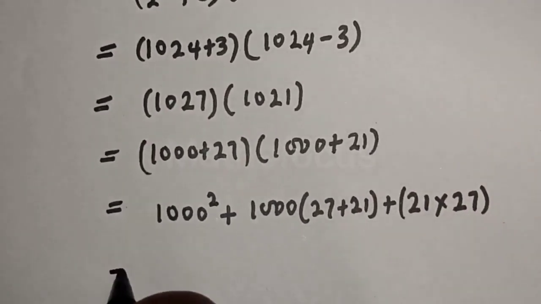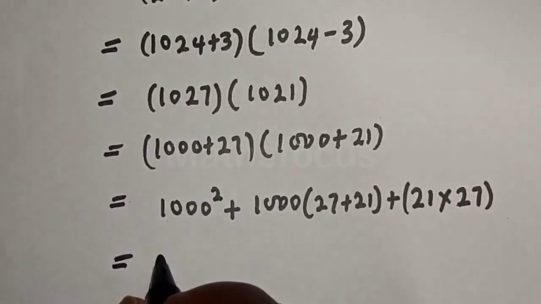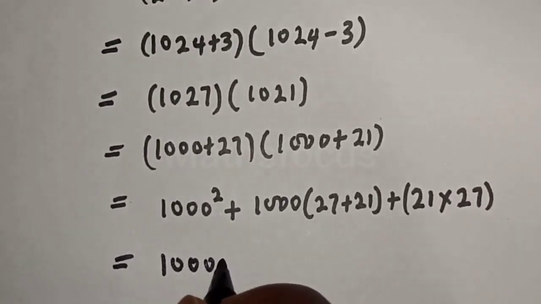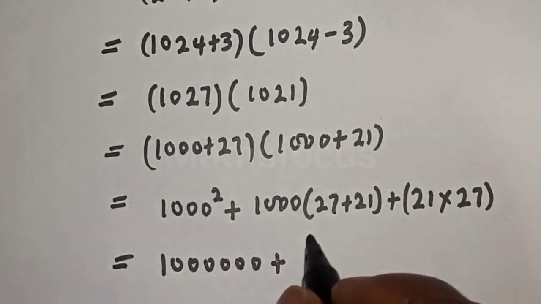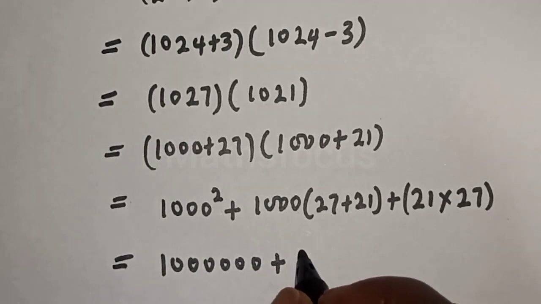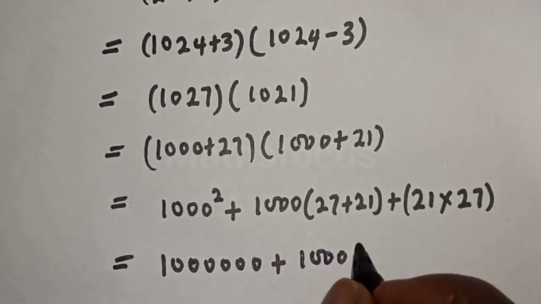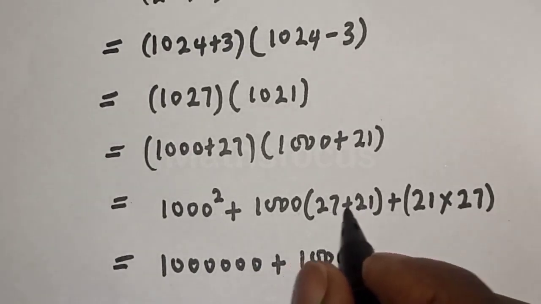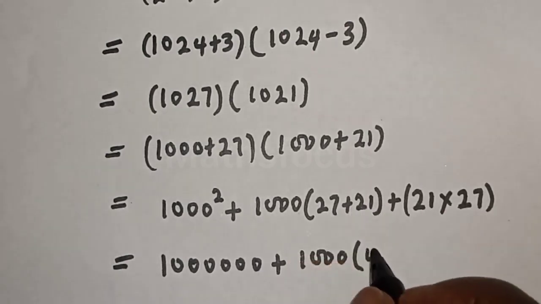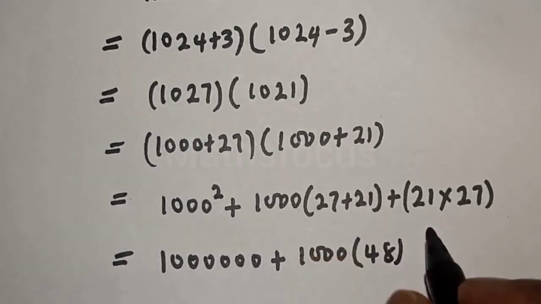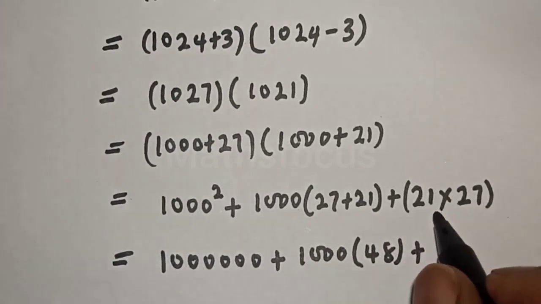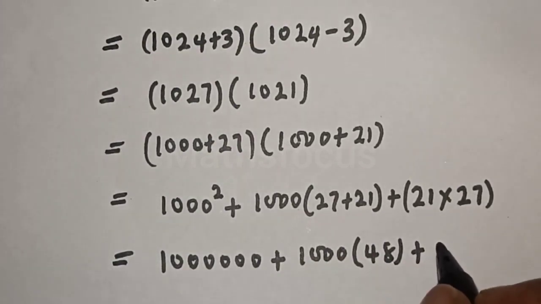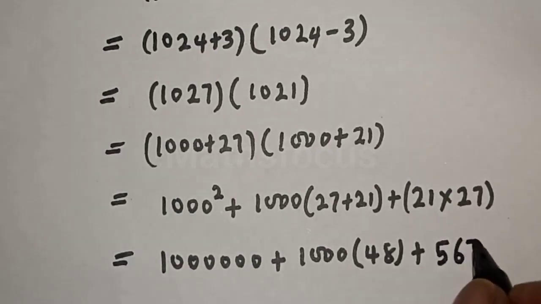Then this is equal to 1000 squared. We have 1 million, plus 1000 times (27 plus 21), that is 48, plus 21 times 27, that is 567.